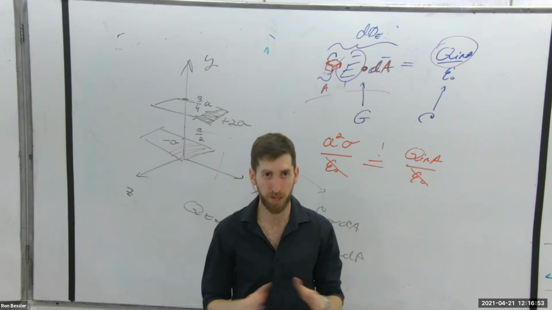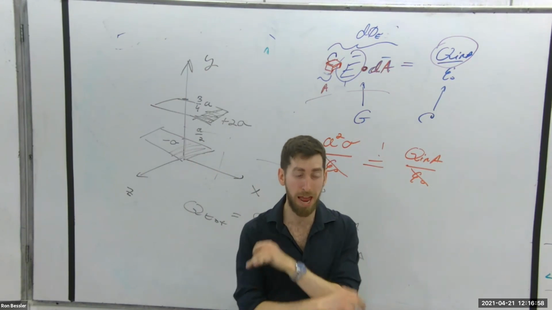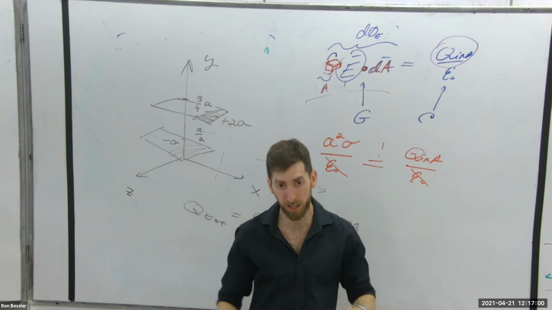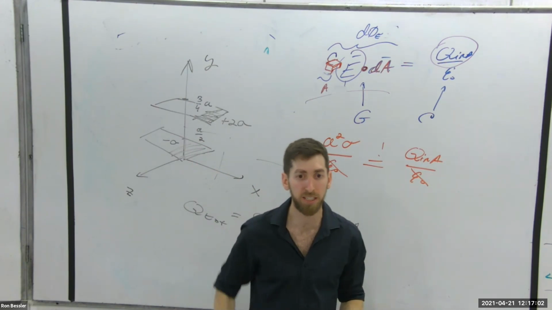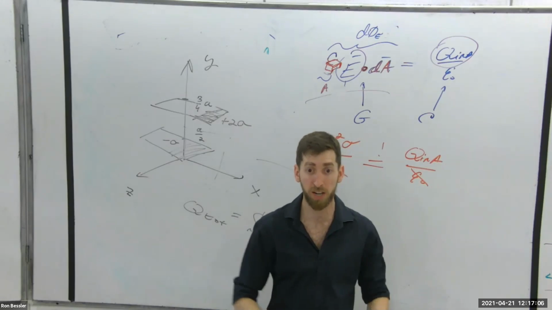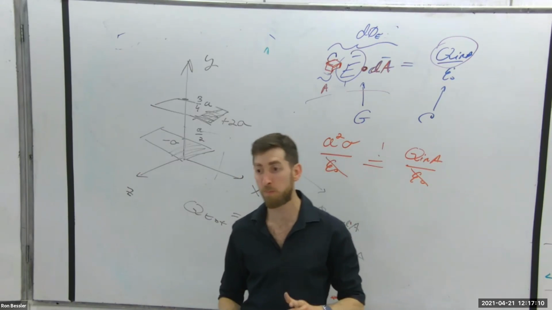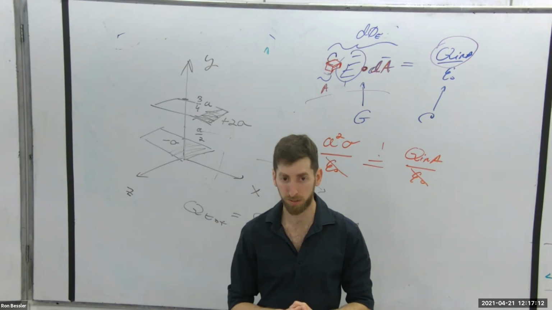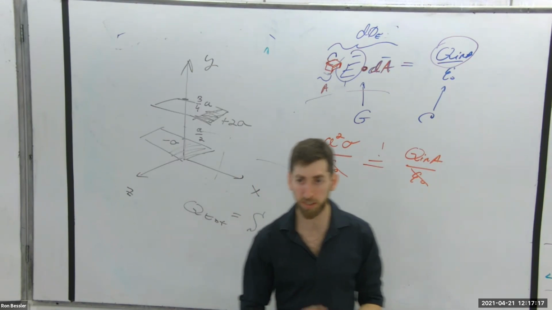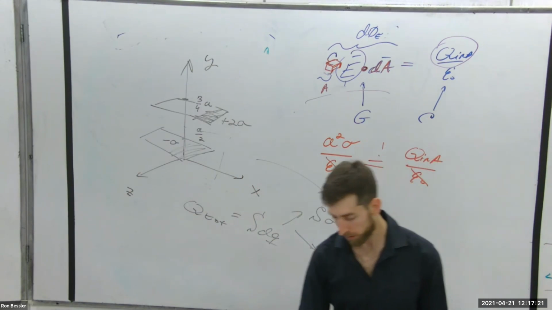So what I encourage you to do is go to the homework, do as much Gauss as you can, get this tool in your pocket, because we're gonna need it every time we try to find the electric field. Gauss is gonna be our favorite option. Got it? Thank you very much, guys. Enjoy your weekend. Hope this lesson helped you.